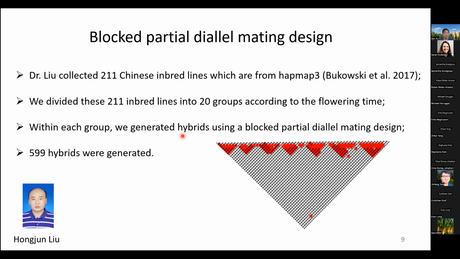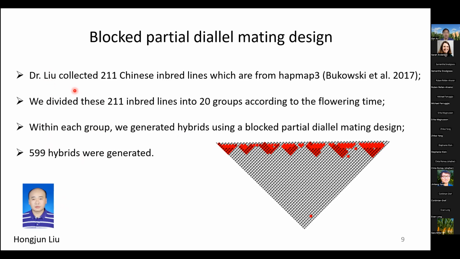To address these questions, our collaborator, Dr. Hongjun Liu, from Shandong Agricultural University, generated the experimental materials.